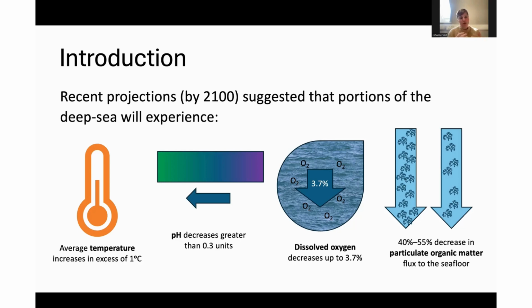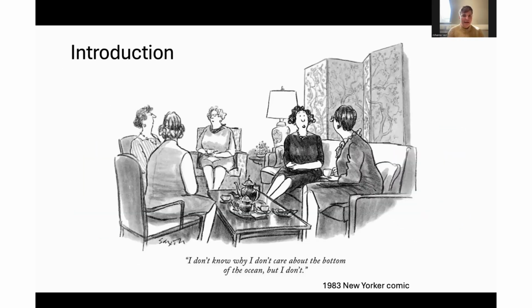And while we are slowly, as deep sea ecologists, trying to make sense of the changes that these drivers will lead to in terms of deep sea species and ecosystems, I think it's clear that at large, the royal we, society, and the general public sees the deep sea as this kind of remote area, potentially unimpacted by human activities, with very limited impact on our daily lives.